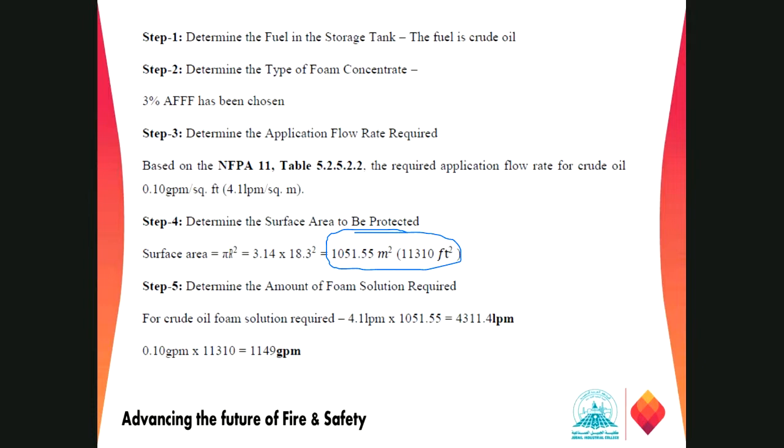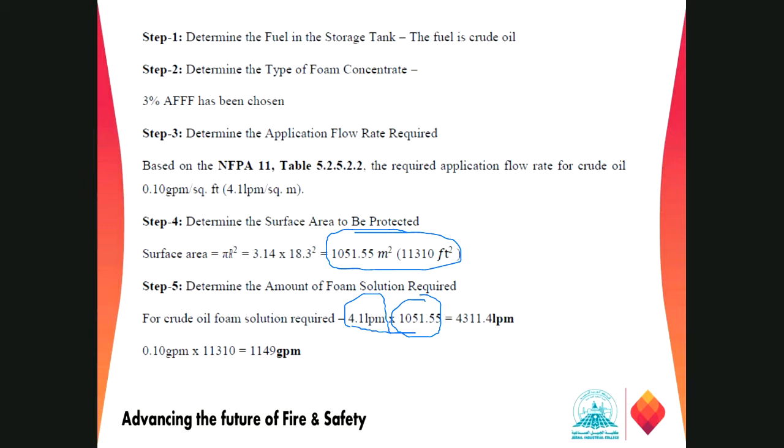And we know the application rate, 4.1 LPM per square meter, multiplied by the surface area, we got a value of around 4,311 LPM. If you convert those values to GPM, it should be 1149 GPM, multiplying by 0.10.